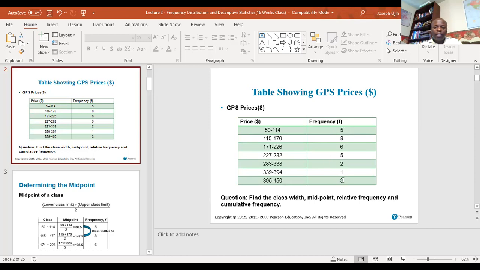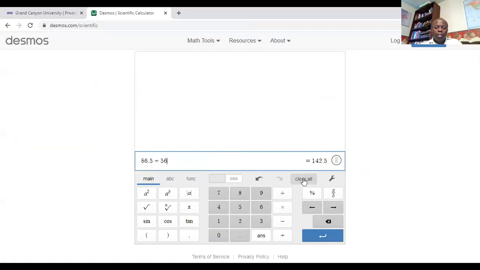Let's add all of this first and get our total. I'll do it on the calculator so you can see.